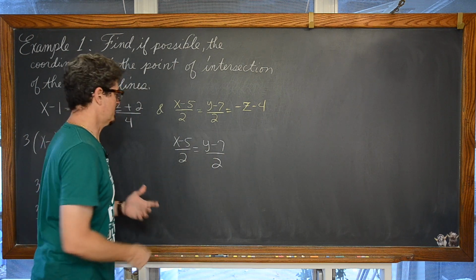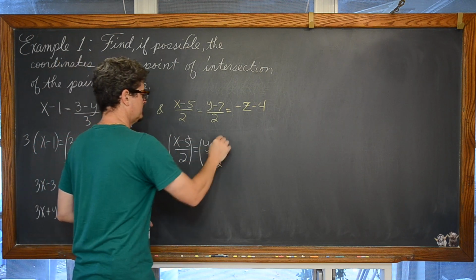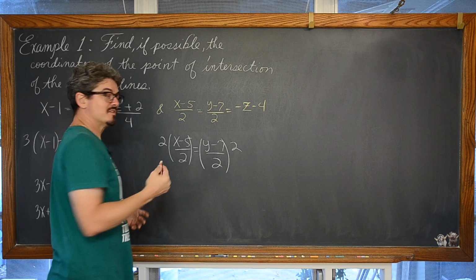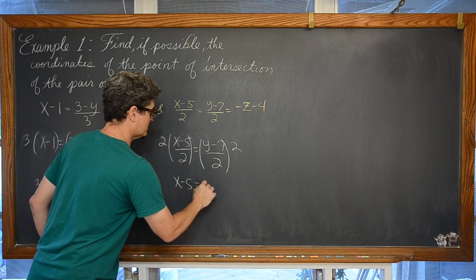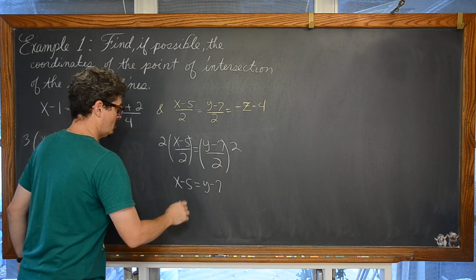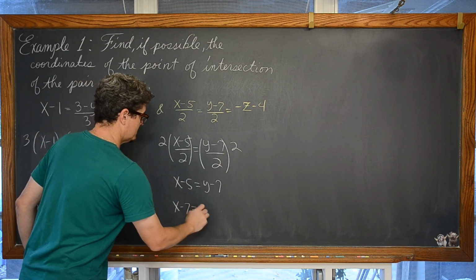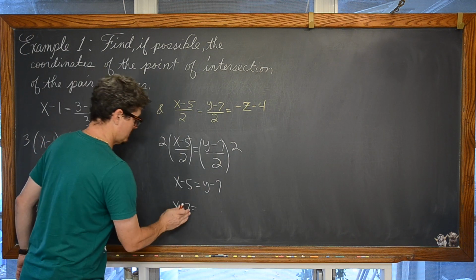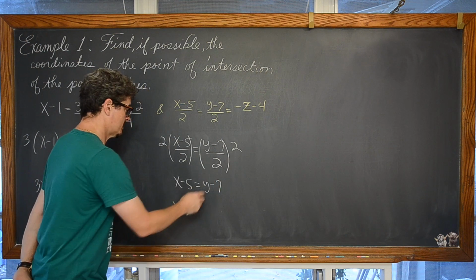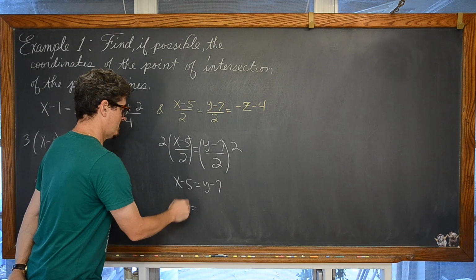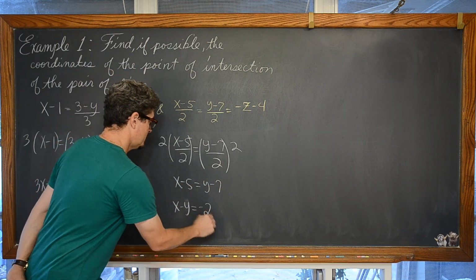Now this is going to come out really nice. Multiply both sides by 2, and my division cancels out completely, and we're just looking at x minus 5 is equal to y minus 7. Subtract over the y, add over the 5, and we get x minus y is equal to -2.